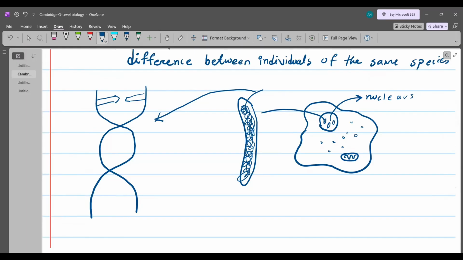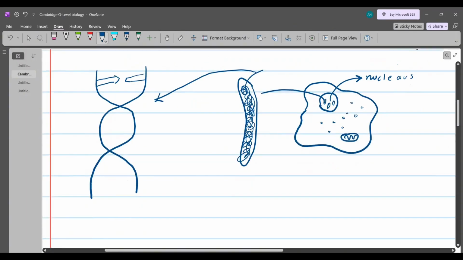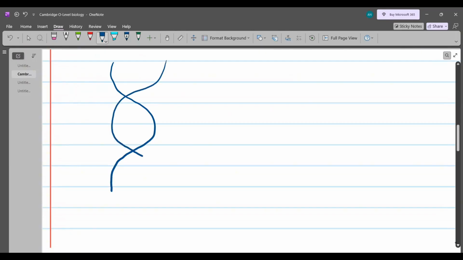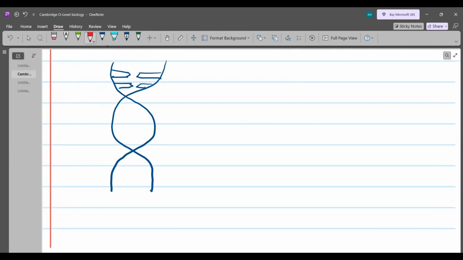Let me draw what actually happens in a DNA. This is a double helix structure, and inside this there are structures like this. These structures are named differently.